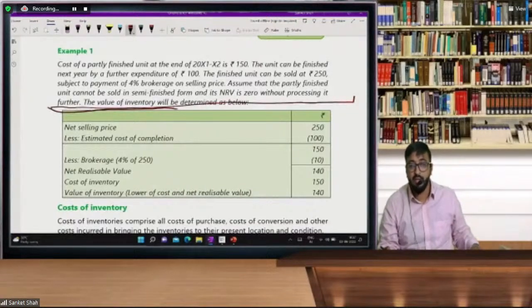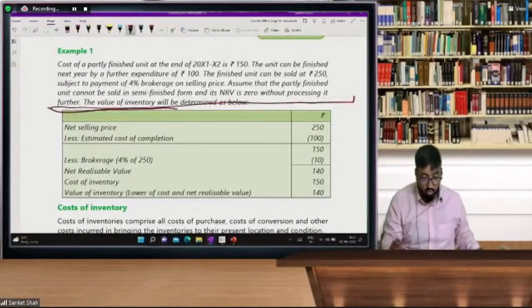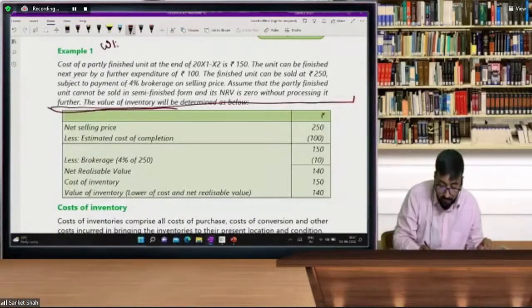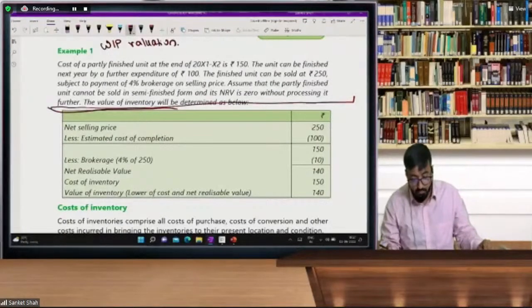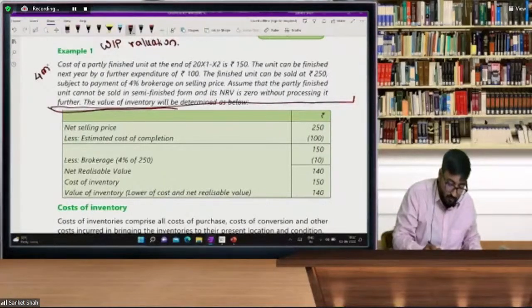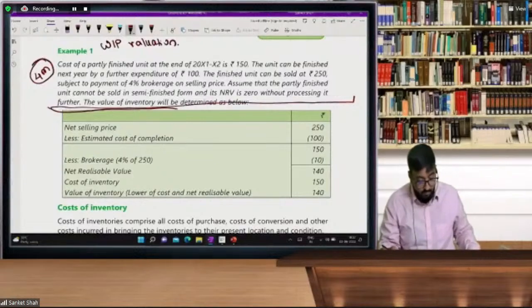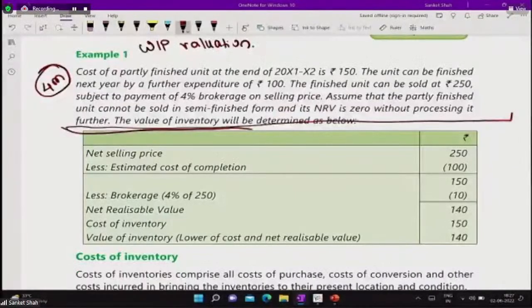And then I will tell you exactly the concept of WIP valuation. So example number 1 is WIP valuation. You can write over there, WIP valuation. Yes. I will give you the index part. 4 marks question. Please answer it fast.